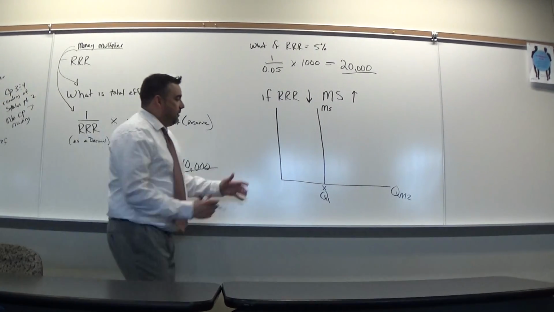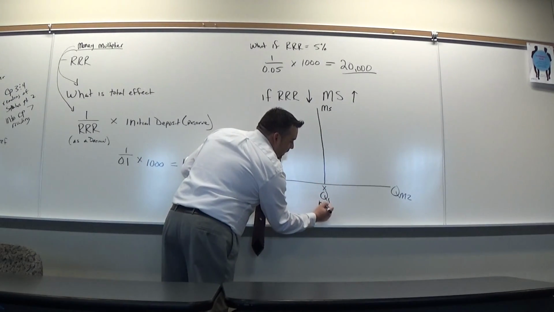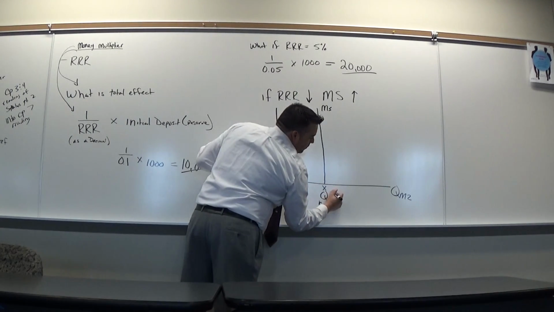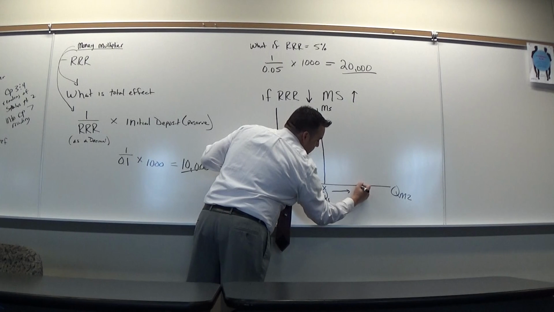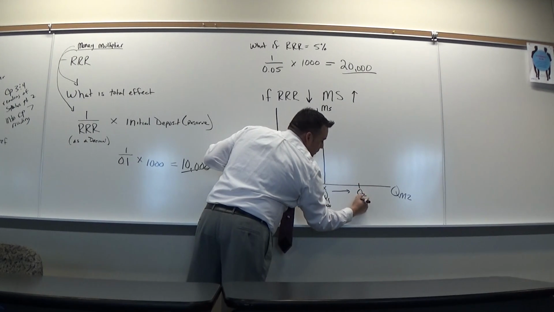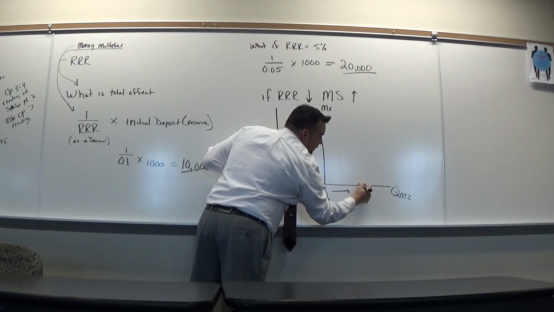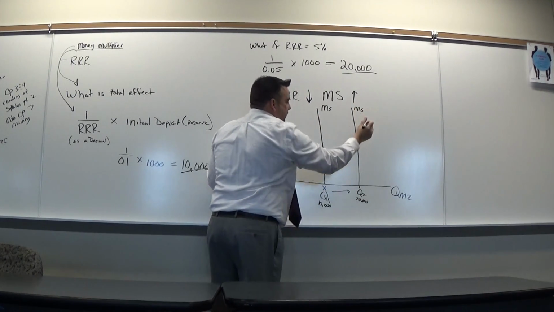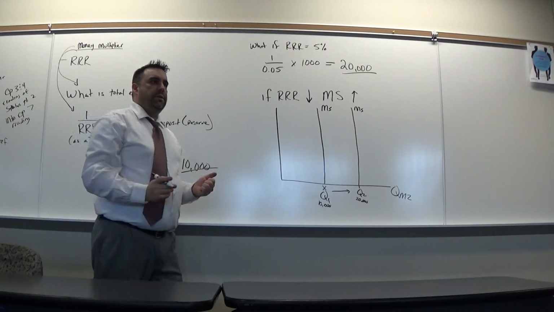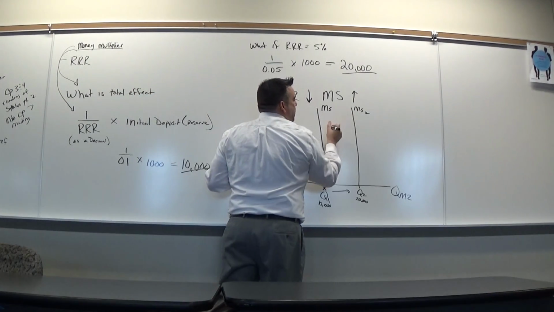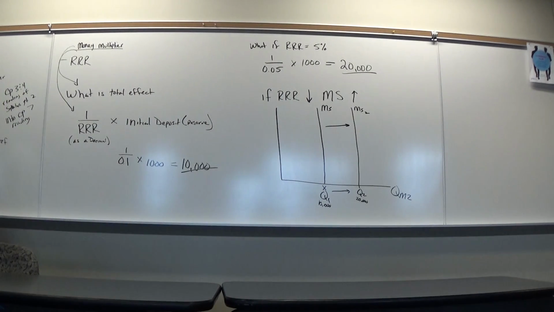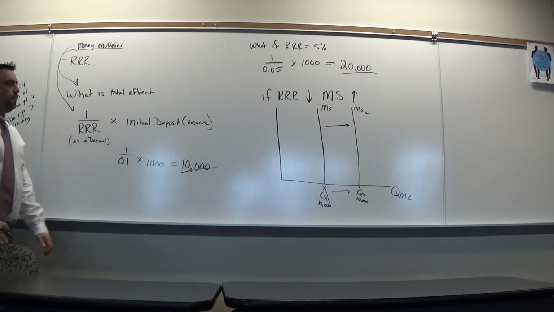We went from 10,000, we have a number for X now, 10,000 if you want to use the numbers, to 20,000, which would be a rightward movement. Q2, 20,000. And that's how much money there is. So effectively, by lowering the RRR, the money supply as a function has shifted to the right.